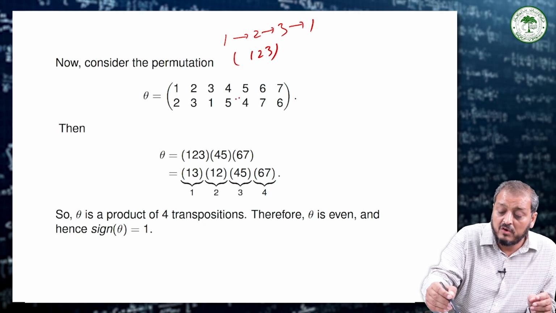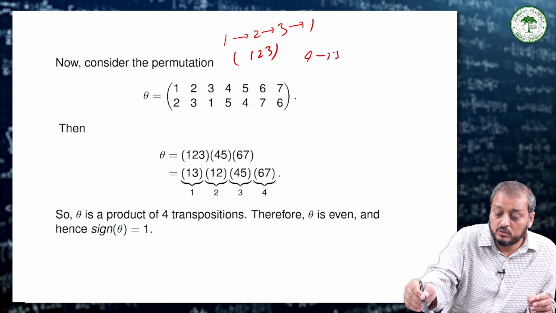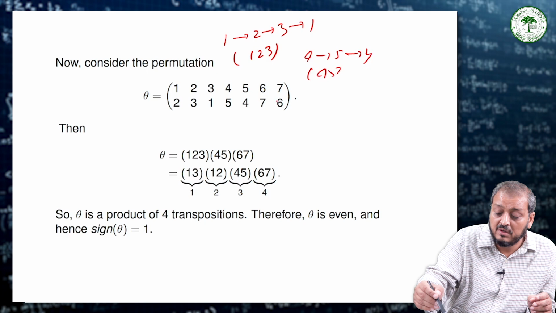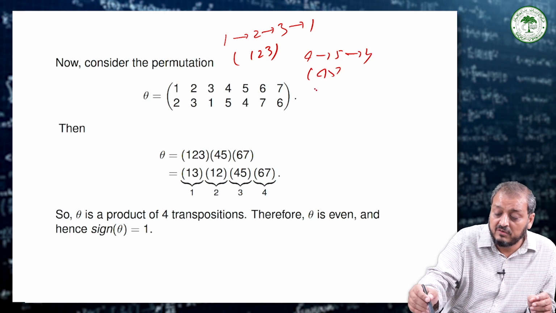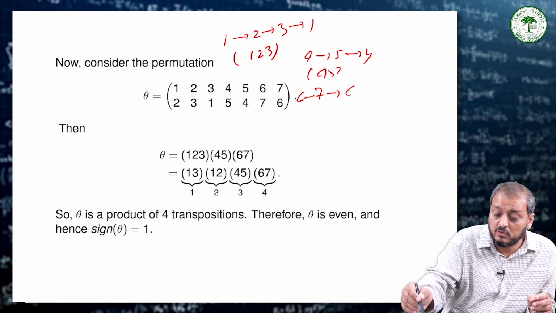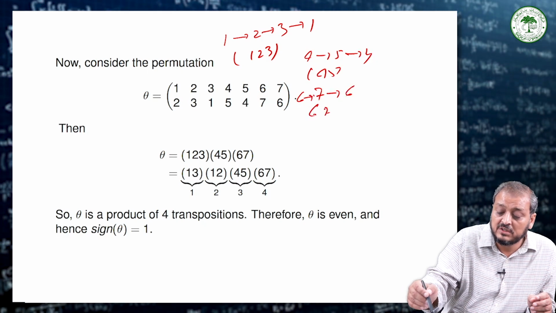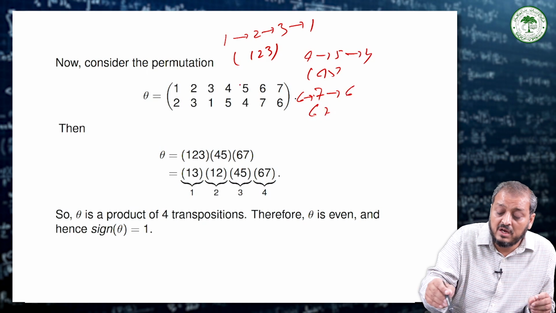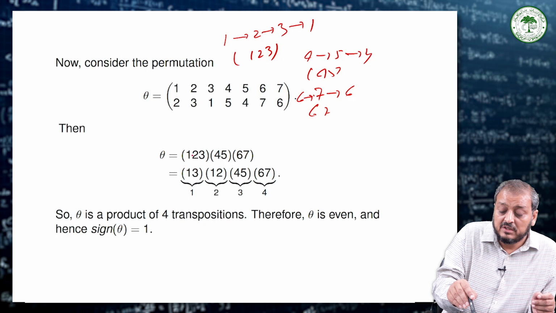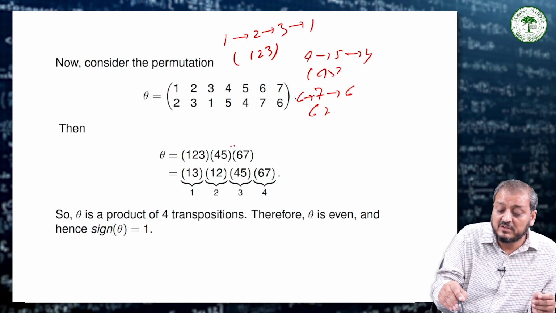Now 4 goes to 5, and 5 goes to 4, so we have (4 5) in cyclic notation, and then 6 goes to 7, and 7 goes to 6, so again we have (6 7). Thus we have 3 different disjoint cycles of this permutation: (1 2 3), (4 5) and (6 7).